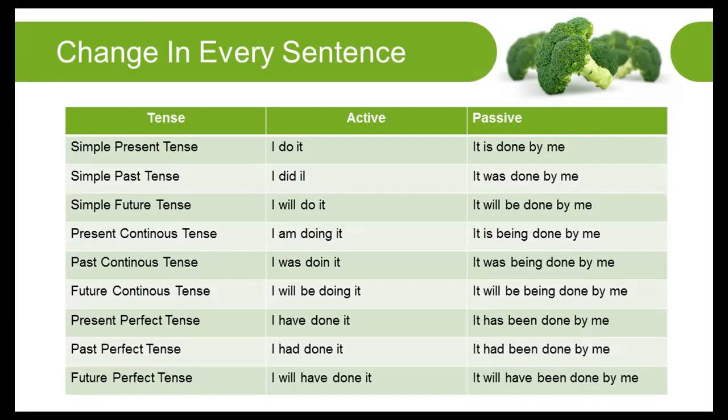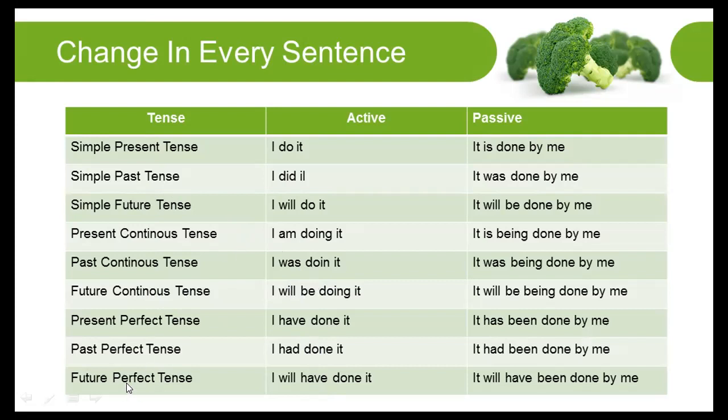In every future, we put will. Don't forget, if you meet a tense and there is will, there is the future, but to differentiate it, we must look. If future continuous, I will be, but in simple future, I will do it.